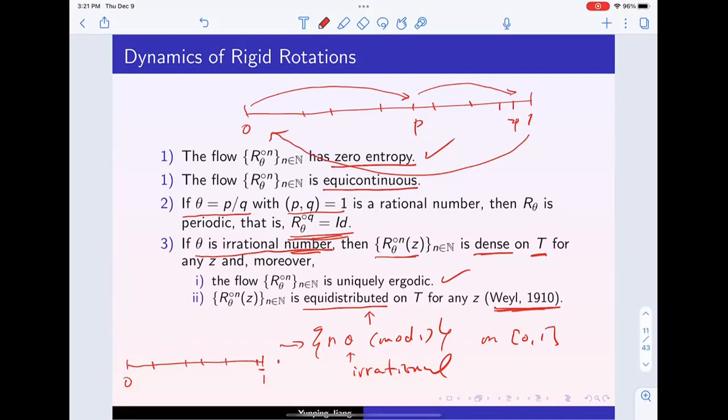The next one comes here, since mod 1 it comes to here. Then you keep doing like this, and you get more and more dense. You see that it's actually equidistributed. From the dynamics point of view, that's the way you can see how it is equidistributed on [0, 1].